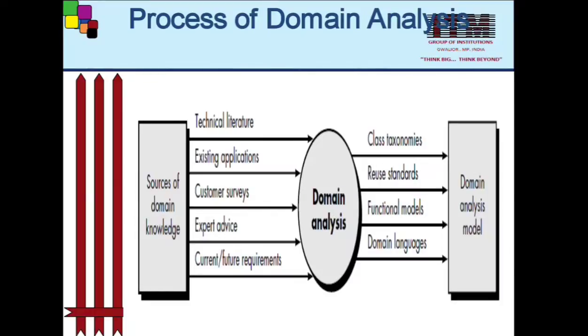This is presented in this diagram, in which the first phase is the sources of domain knowledge, provided as technical literature, existing applications, customer surveys, expert advice, and current and future requirements. These sources of domain knowledge are passed to the analyzing phase, domain analysis, and as a result it goes to the domain analysis model.